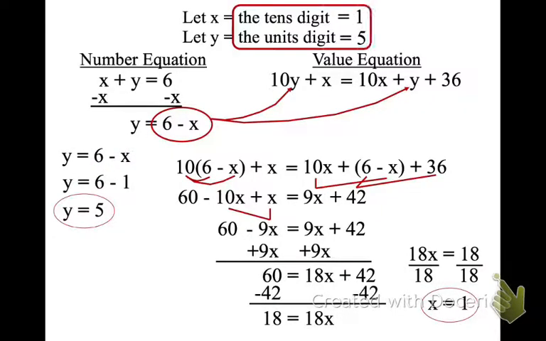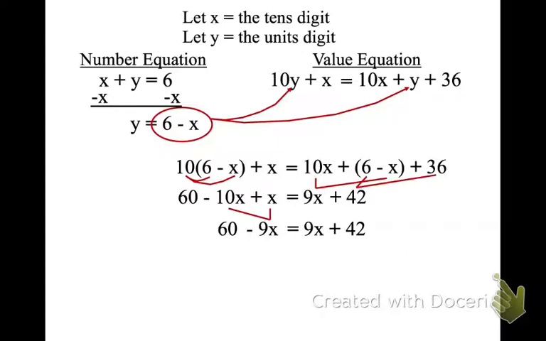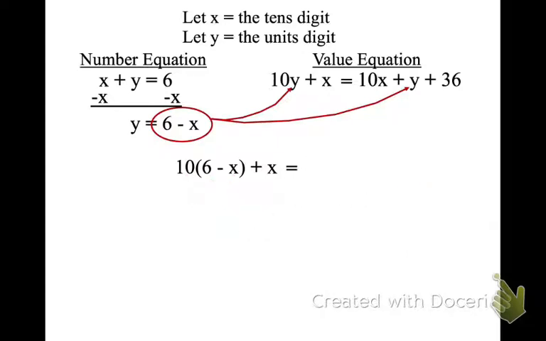Still 15 is the original number. Now let's go back here. I have seen some kids and I was like, what are they doing? Before they substitute in, I've seen them simplify and get this a little bit cleaner.